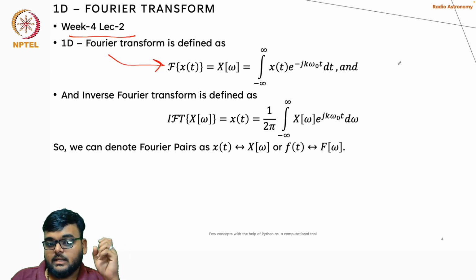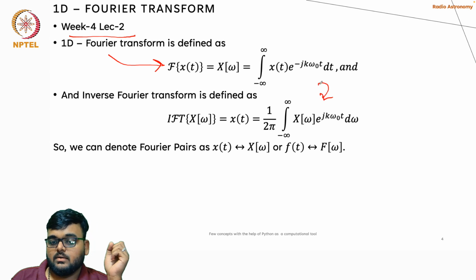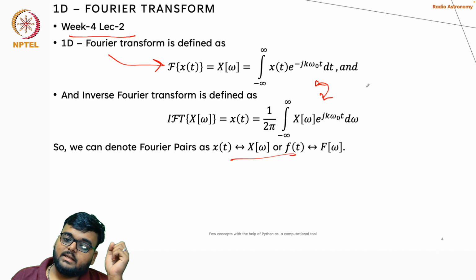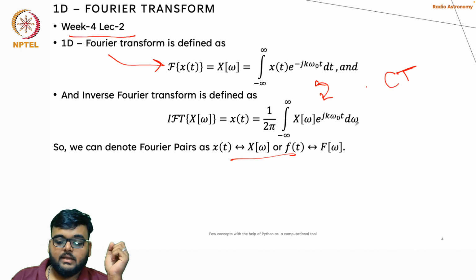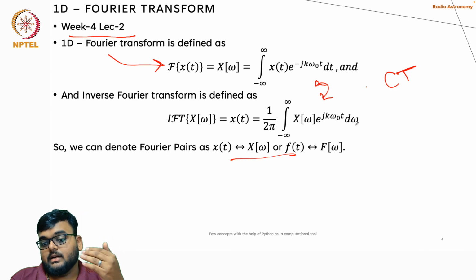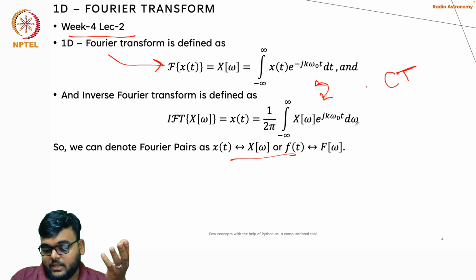And the inverse of this is this. So these are Fourier pairs. Now here the thing is, this is continuous in time. We will discuss why I said continuous in time.